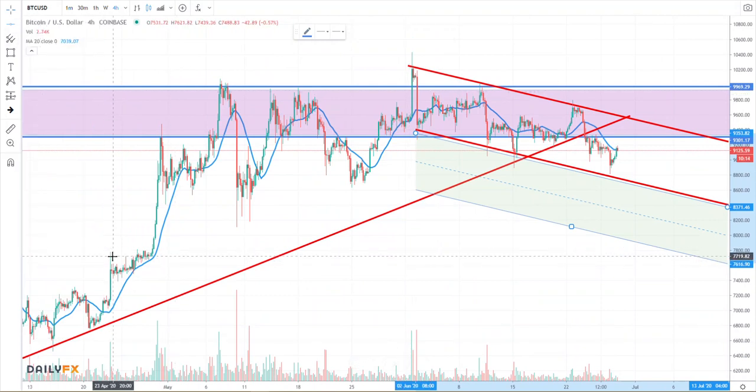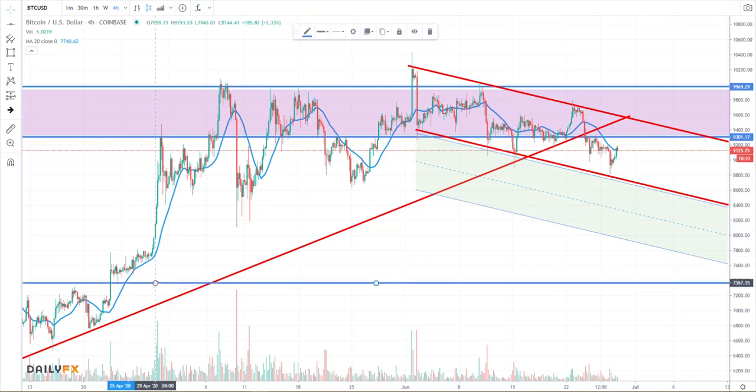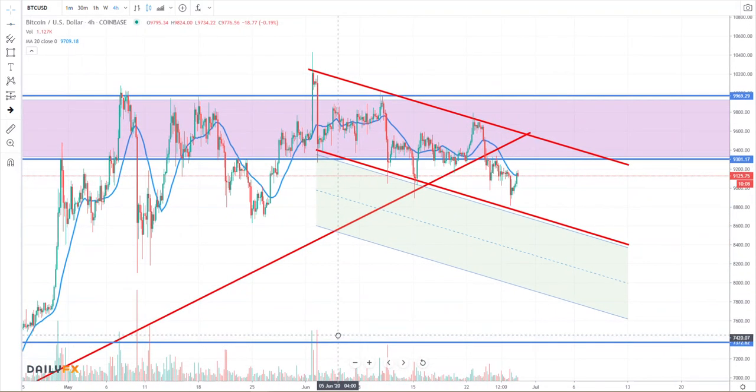So that's the bearish scenario. Actually, more like right here. 7,400 bearish for Bitcoin, unless we can see price go above 9,400 in the next couple of days.